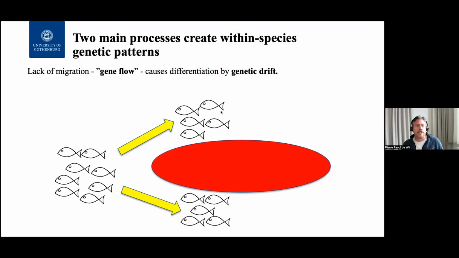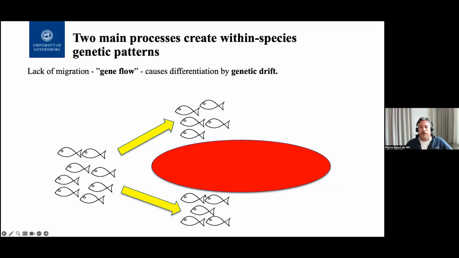And so the processes that create these patterns are twofold. One of them is the lack of migration. If you imagine you have one big population that gets separated in space by a barrier, then these individuals cannot swim from one to another.